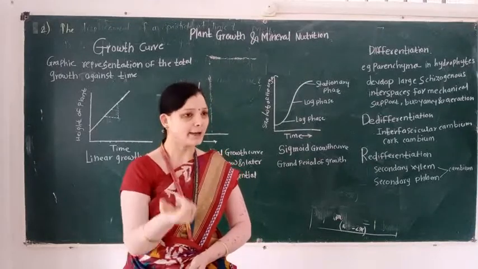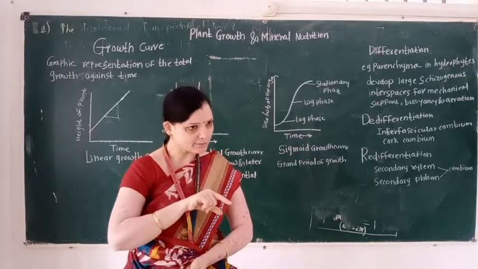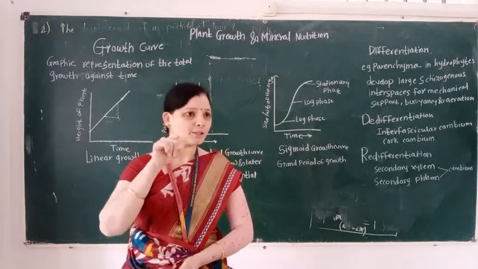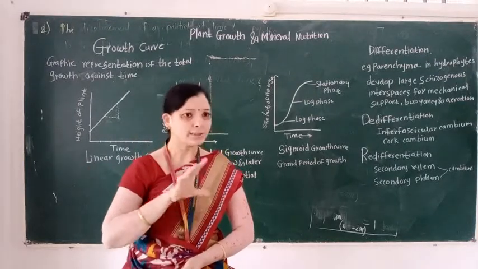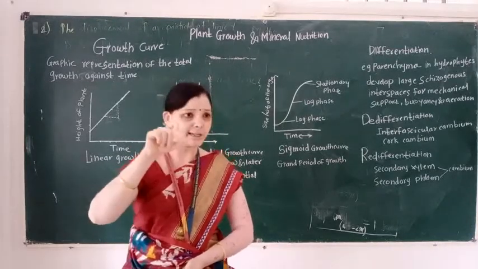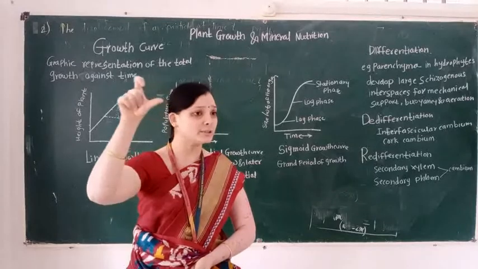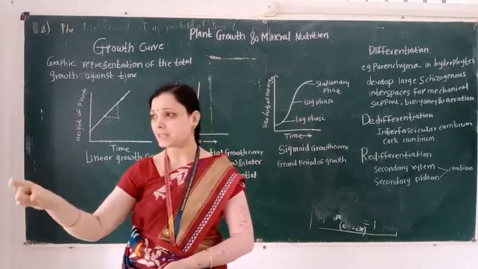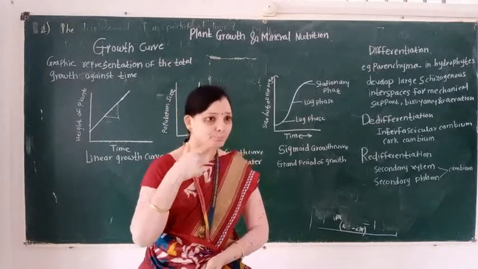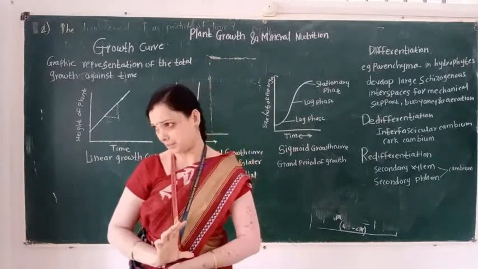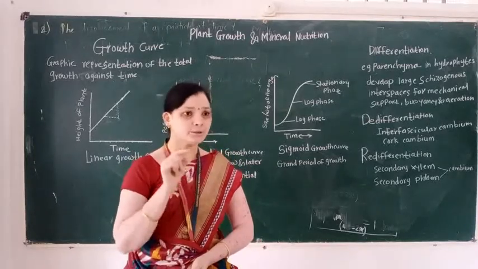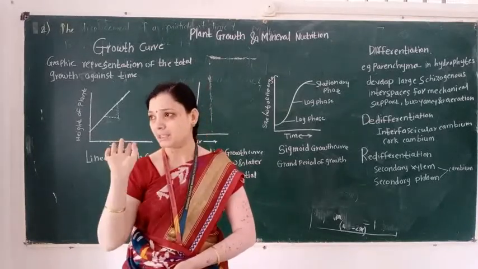Meristematic tissue has the ability of cell division, and the cells formed from meristematic tissue are called differentiated cells, and differentiated cells lose the ability of cell division. So meristematic tissue becomes differentiated, and when it is differentiated, it loses the ability of cell division.